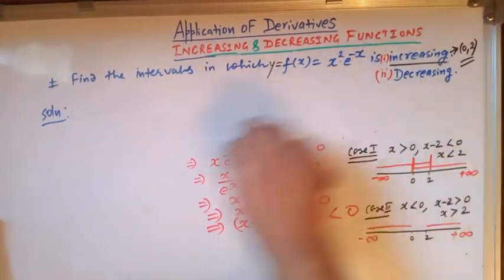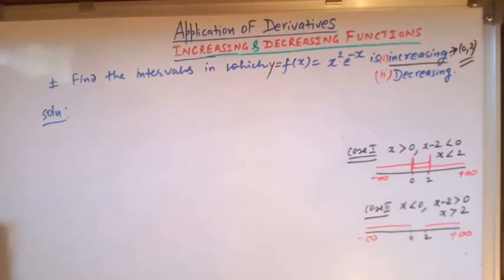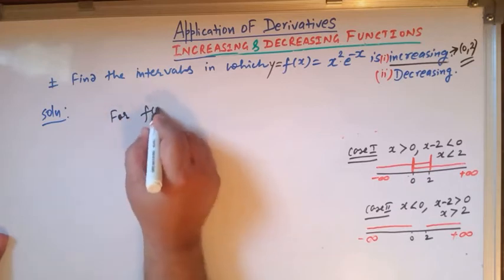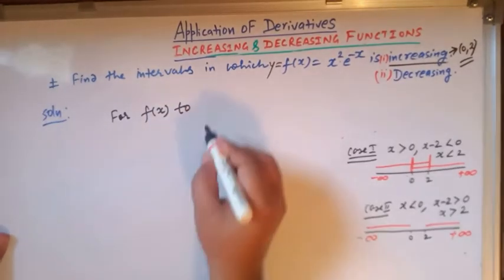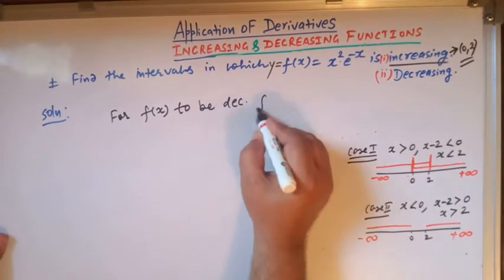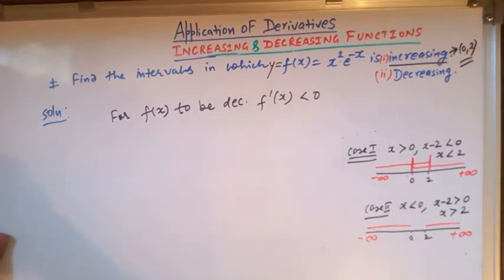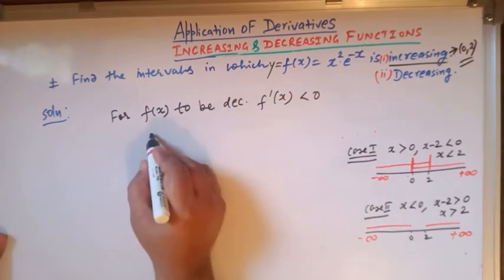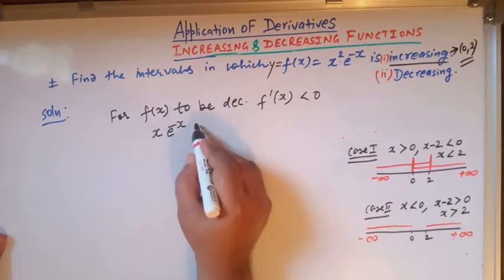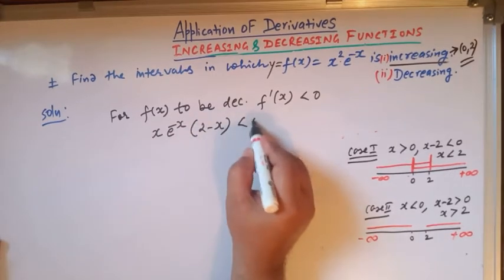So for f(x) to be decreasing, the derivative must be less than 0. And what is our derivative? The value of f dash x is x e raised to minus x times (2 minus x), which is less than 0.